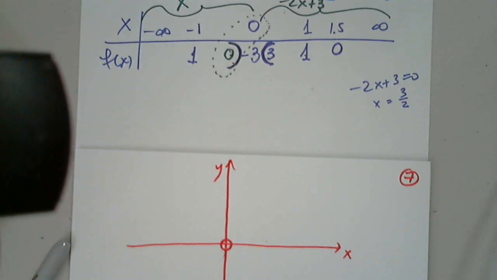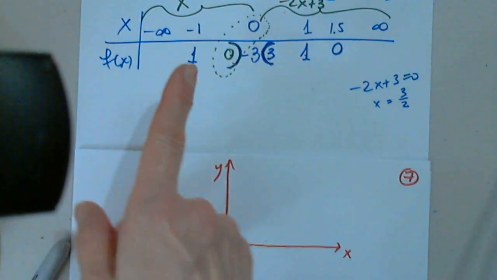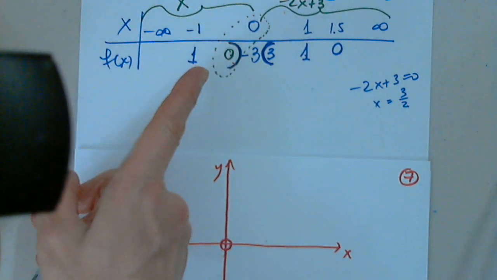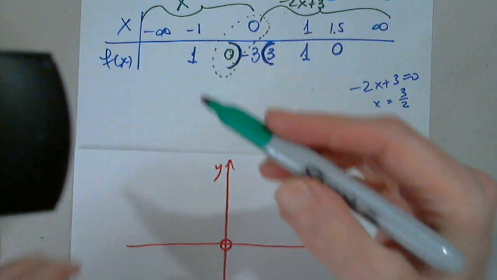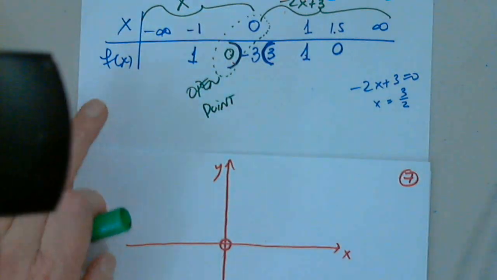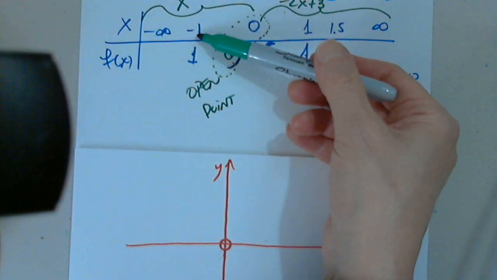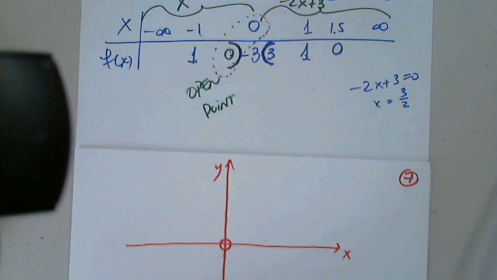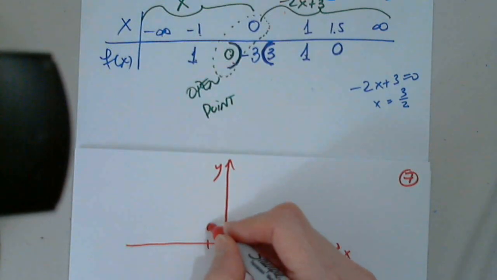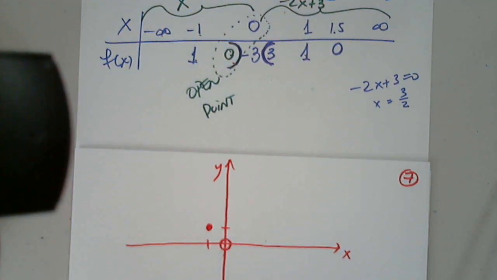It's not a full point because I wasn't allowed to plug in 0 in this function. So that's why 0, comma 0 is an open point. On the other side, I have -1, comma 1, which is absolutely a full point.